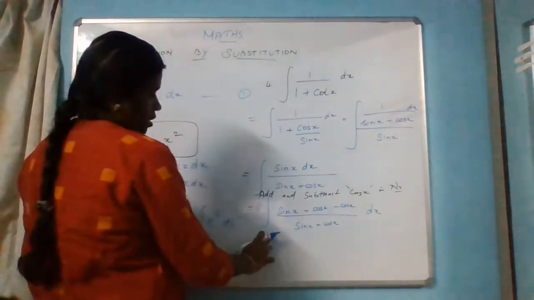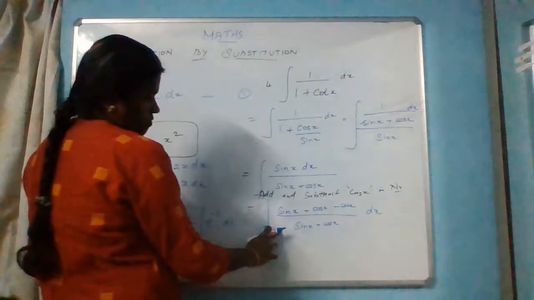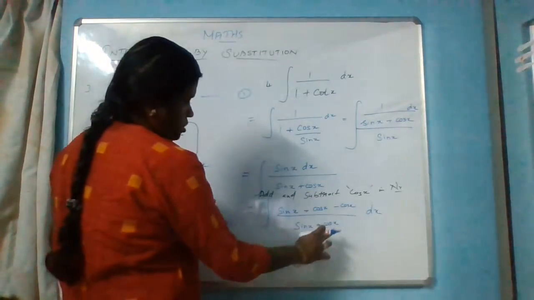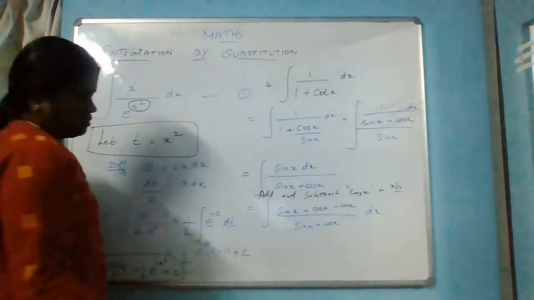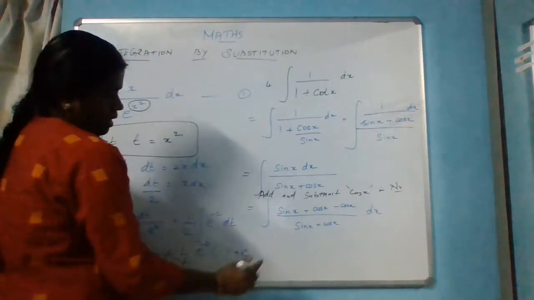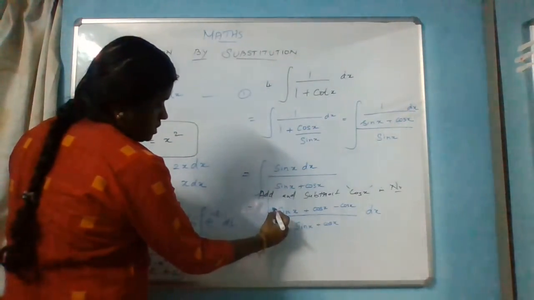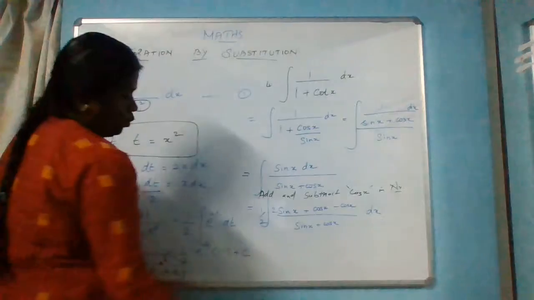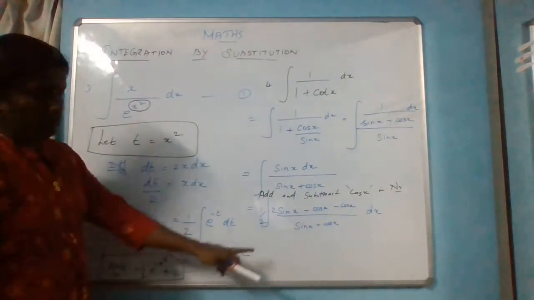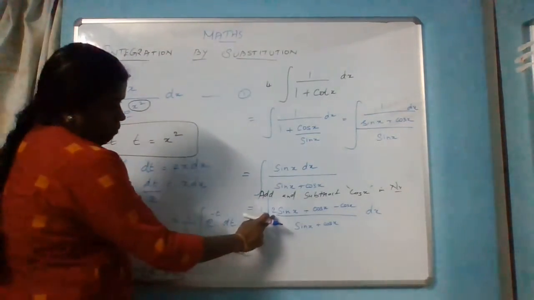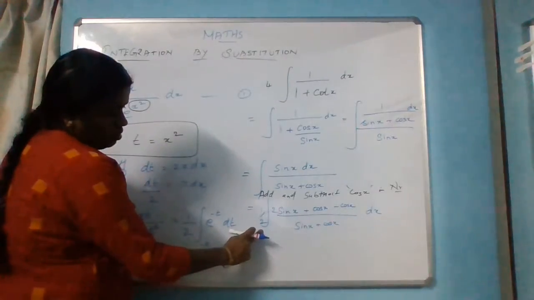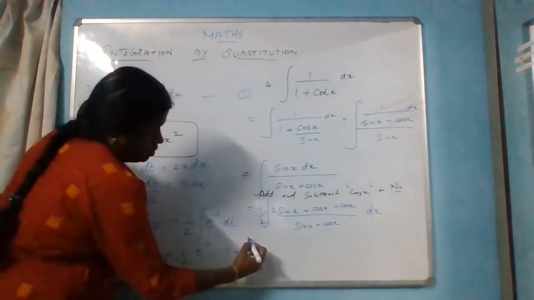And with this, when you split, you will have other terms. So the possibility is that I can make this 1 by 2 into 2. In such a case it will be simpler for me, because I'm multiplying and dividing by 2.